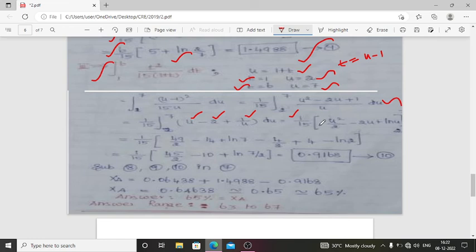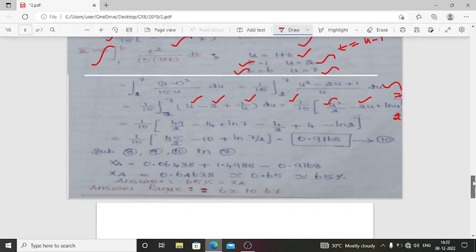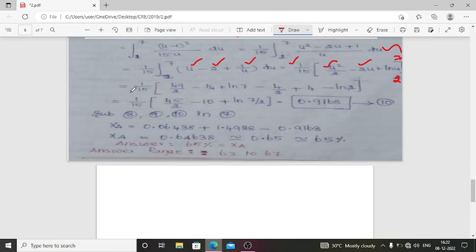So here constant is 1 by 15. Integrate: u squared by 2 minus 2u, last value ln u. Limit is 2 to 7. Upper limit is 7, lower limit is 2. So upper limit minus lower limit here, constant is 1 by 15.